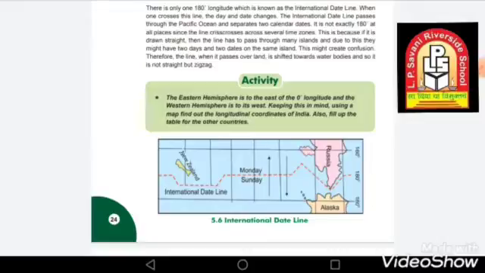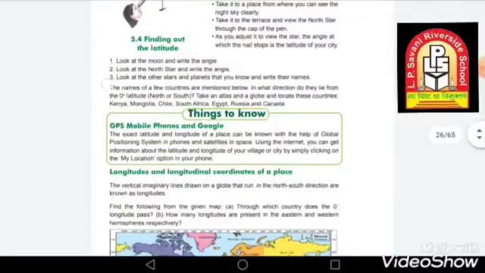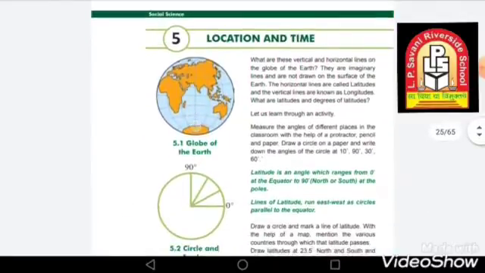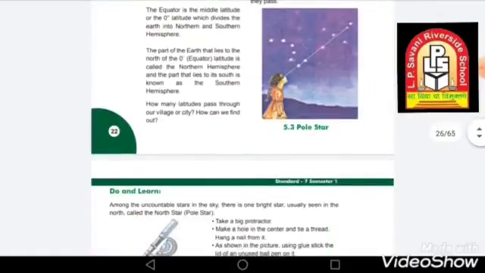In today's class, I am going to show you one important picture regarding the international date line. As I explained in our earlier classes about the prime meridian, which is also called Greenwich, I told you that the prime meridian is a 0 degree longitudinal line which is at the center of the globe, right?